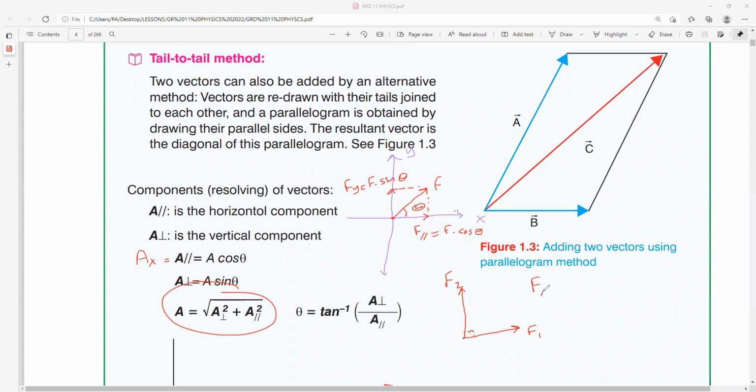F net squared equals F1 squared plus F2 squared, and then you can write the square root of it. So we are going to use this formula if you have any forces perpendicular.